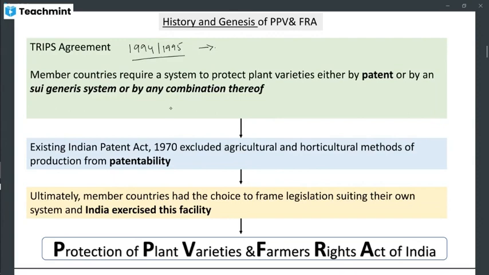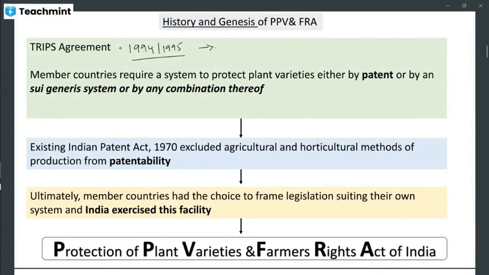The TRIPS agreement came into force, and in this agreement itself, all the member countries should have a system or a provision to protect all the plant varieties in their country.